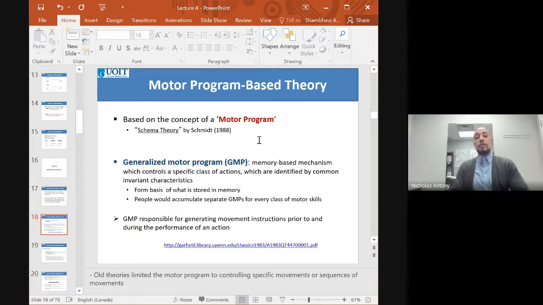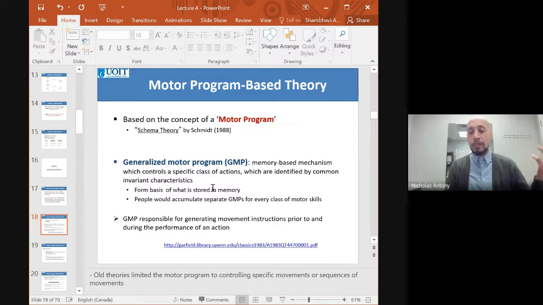So let's first start off with the original one, and hopefully you're all not too confused. Motor program based theory is based on this concept of a motor program. It was developed in 1988, and what it suggests is that for every class of action, we have a generalized motor program. And this is what is stored in memory.